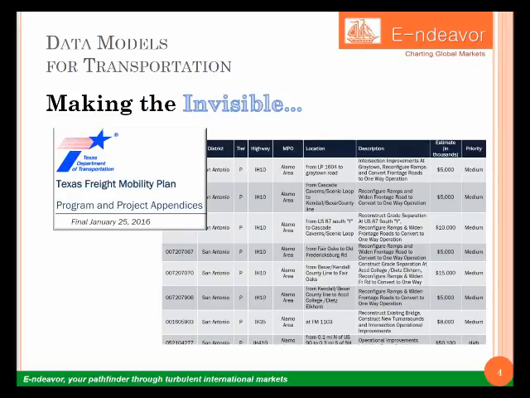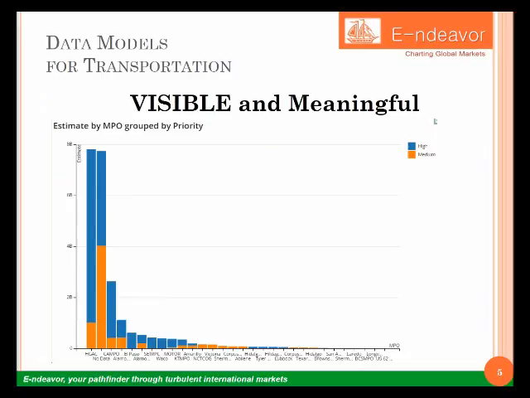While you could use Excel to try to extract some meaning from this large data table, E-ndeavor's Texdot Current Highway Project Data Model allows a more intuitive approach. We make the invisible visible and meaningful, giving you instant insights into your data that you simply cannot see in an 80-plus page data table. Now, let's look at the dashboard to understand how it can benefit you.